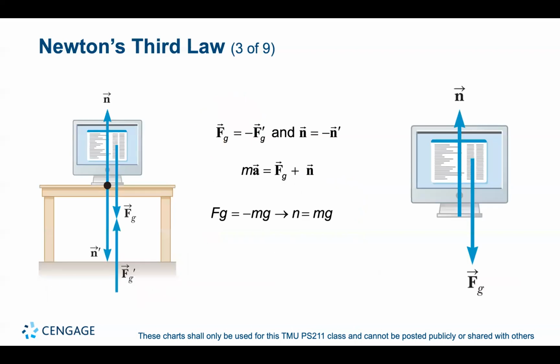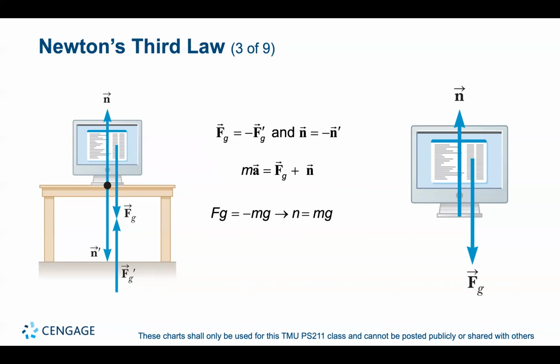So you can think of a monitor on a table. The forces acting on the monitor are the normal force N exerted by the table, and the force of gravity. If it's staying still, we see that these forces are the same. We're seeing these similar but opposite forces enlisted in these equations.